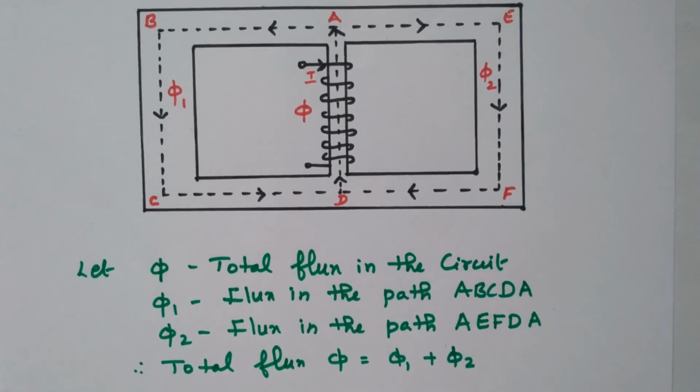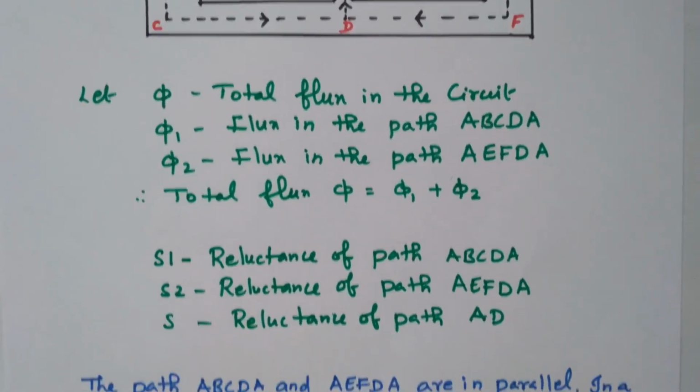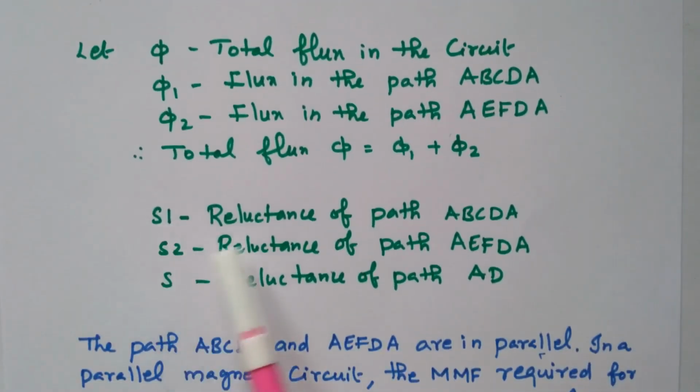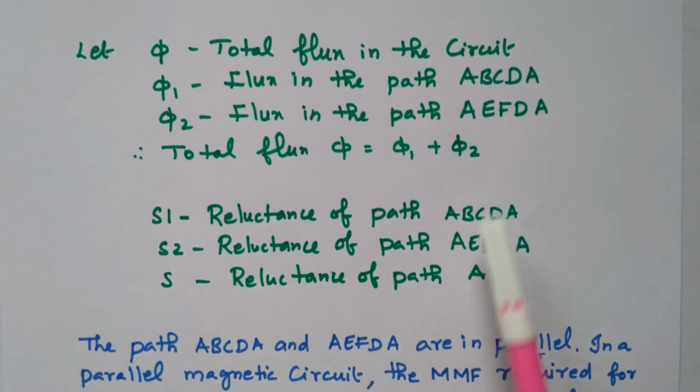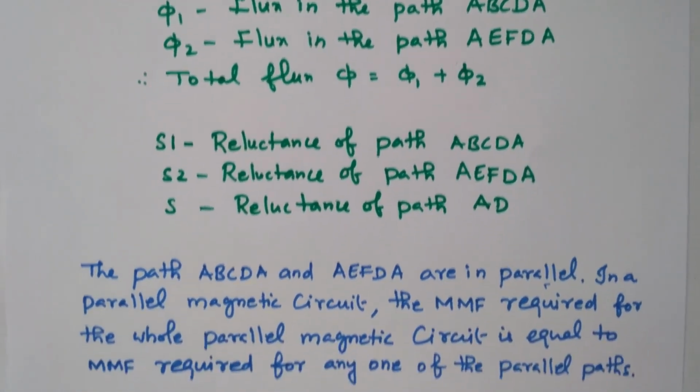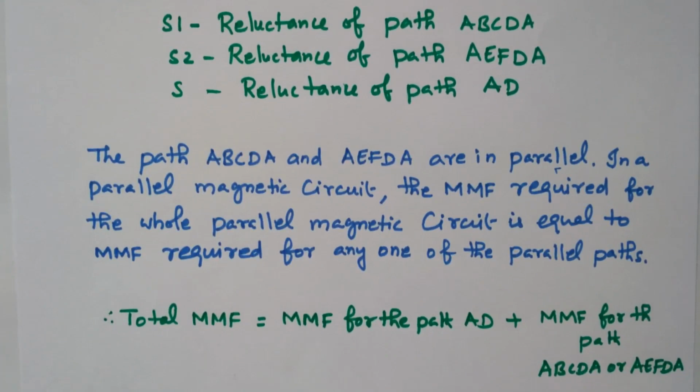Then what about the reluctance? S1 is the reluctance in the path ABCDA, the first part. S2 is the reluctance in the second part, AEFDA. Then S is the reluctance in AD, the common part, the central limb. So these are all connected in parallel.